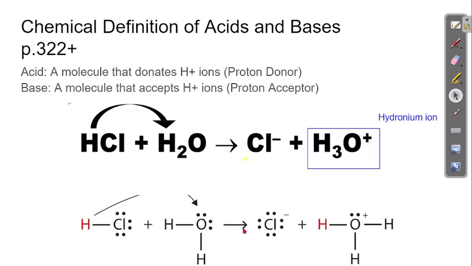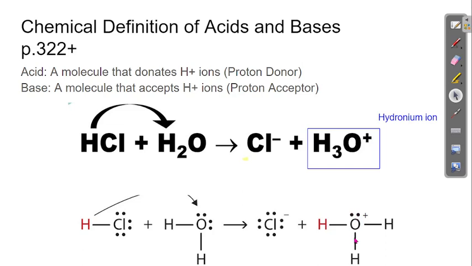Here you have a Lewis representation of the reaction. Hydrochloric acid and water will yield the chloride ion, negatively charged because it lost a hydrogen, and the hydrogen went ahead and bonded with the water, creating that hydronium ion.